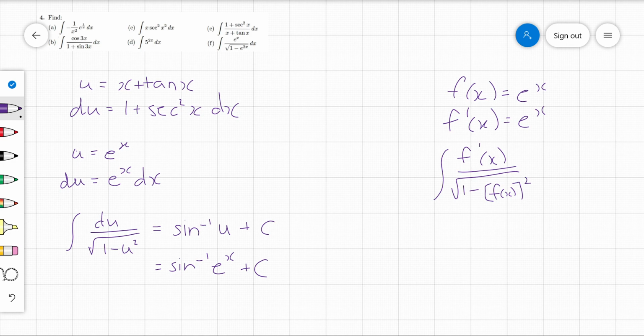So again, there we go. We would have got inverse sine of our f of x from our formula booklet. And our f of x is e to the x. So we would have also gotten that.